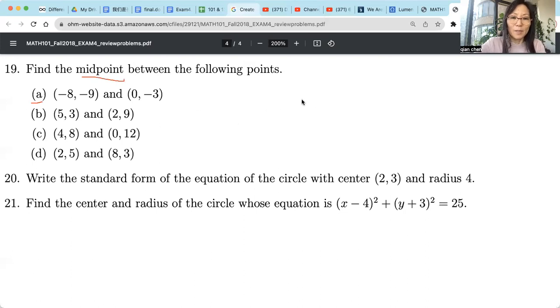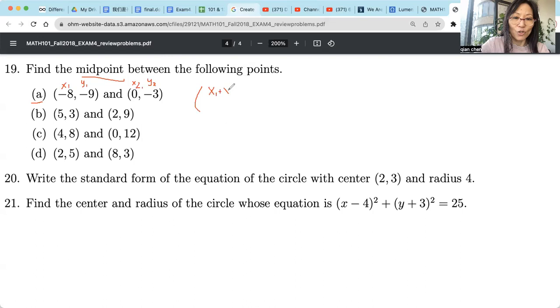All right, so let's call the first point x1, y1, and the second point x2, y2. So that's the formula of the middle point, which is x1 plus x2 divided by 2.